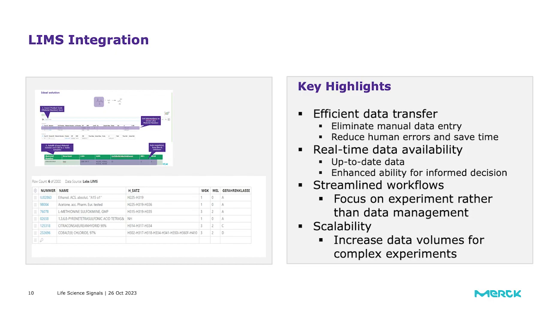Once the scientists require this compliance information, they click a button and the data is transferred automatically, quickly, and in real time from LIMS to Signals. The benefits are efficient data transfer and real-time data availability. It streamlines the workflow and gives scalability when the data set grows to a very large scale.